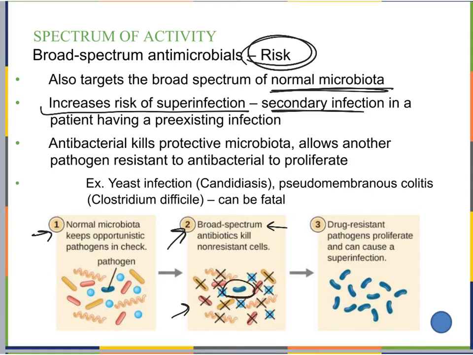Our pathogenic bacteria is still hanging out in there, and then it's able to reproduce because it doesn't have any competition. So it's going to allow those other pathogenic bacteria to proliferate. We can see this sometimes. Sometimes that causes a yeast infection.